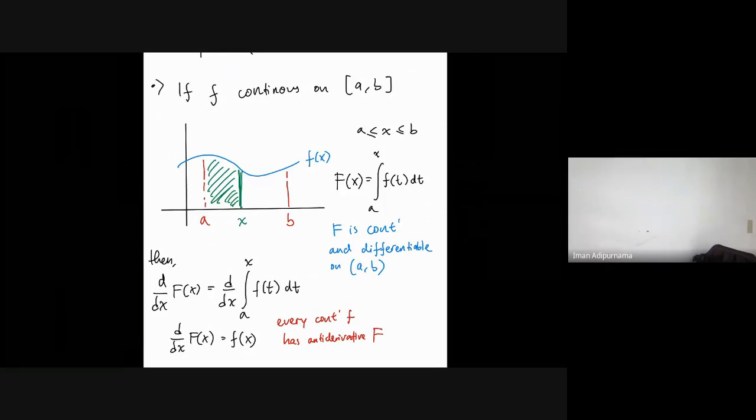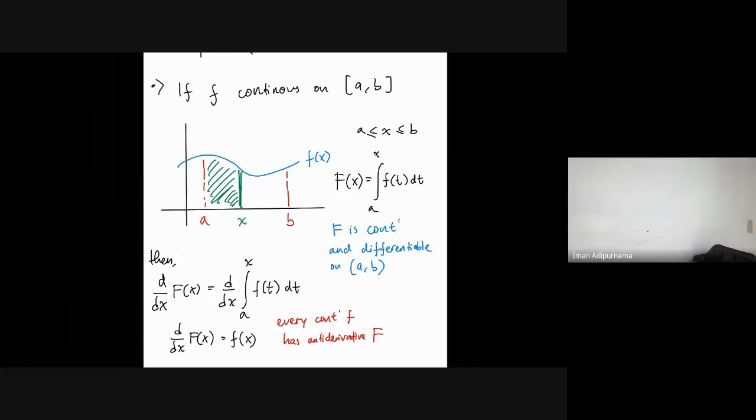Yeah, this definition is really basic for the whole calculus lecture. So the conclusion is every small f will have the antiderivative big F. So every continuous function will have an antiderivative.